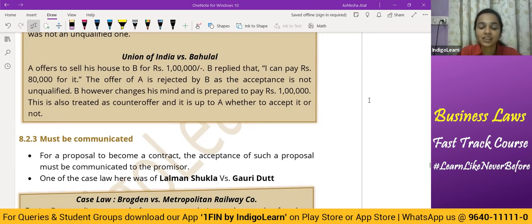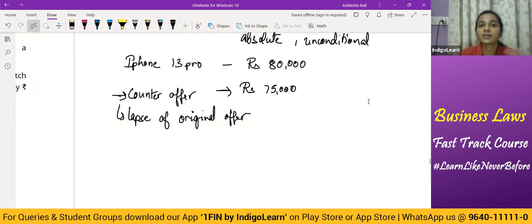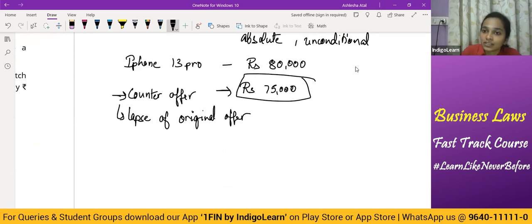So say now in our example of iPhone 13, I made an offer to sell it to you at 80,000. However, you say, okay, I agree to buy it, but I'll buy it at 75,000 and not 80,000. As soon as you place this price of 75,000 here, it makes the original offer lapse.